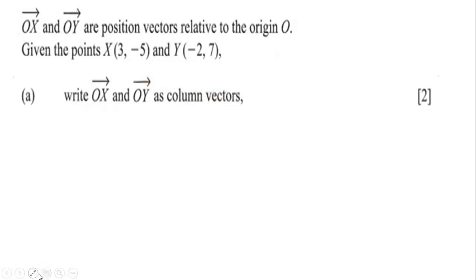Notice that they have given us the coordinates of the points. The coordinates of the point X are 3 and -5, and the coordinates of the point Y are -2 and 7.